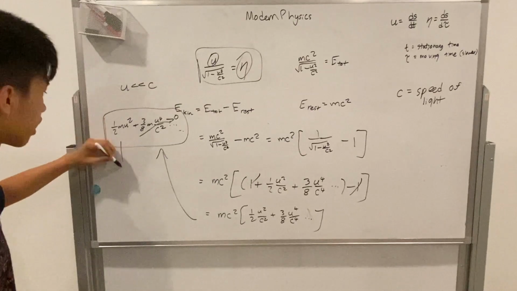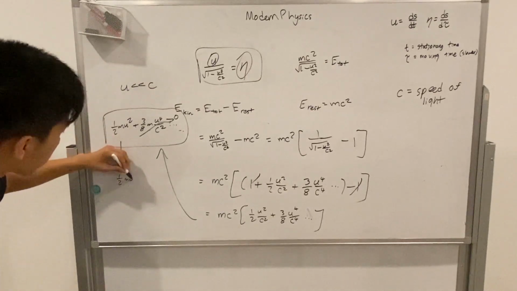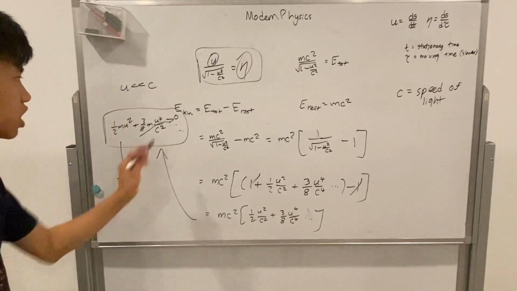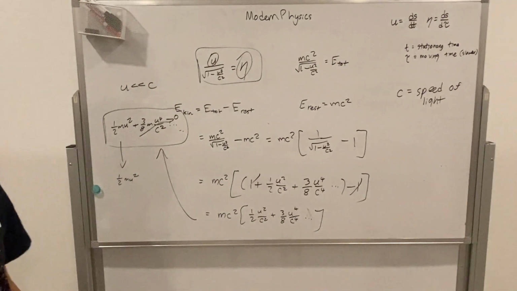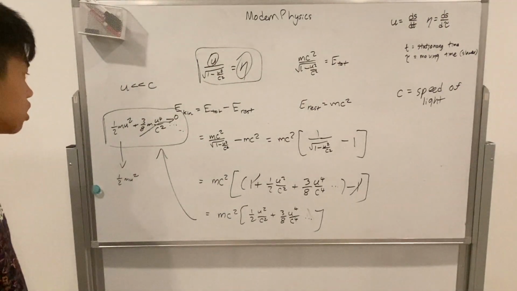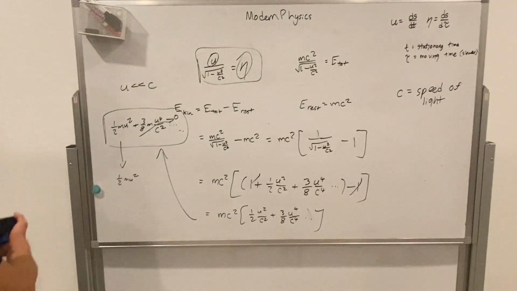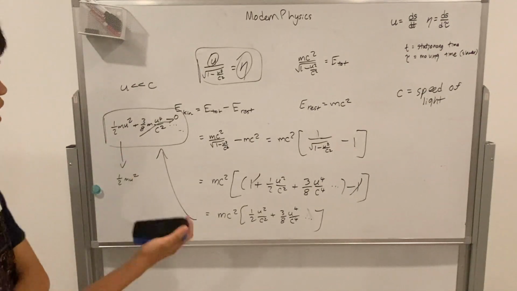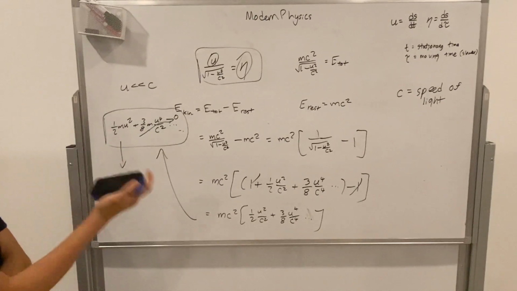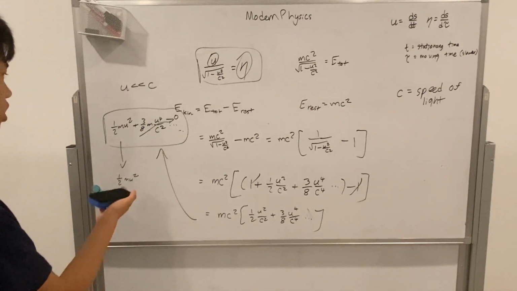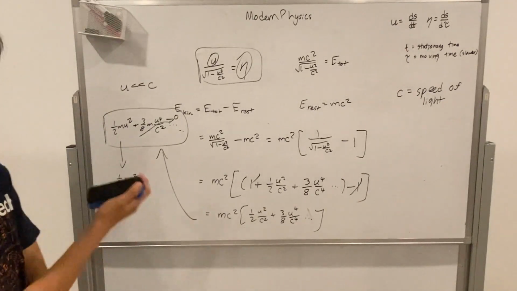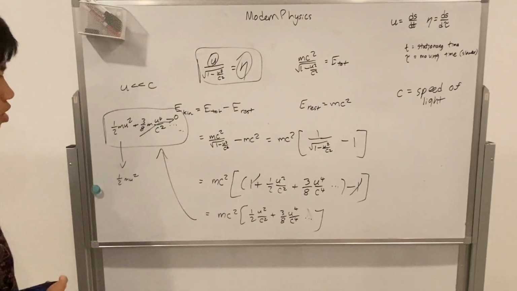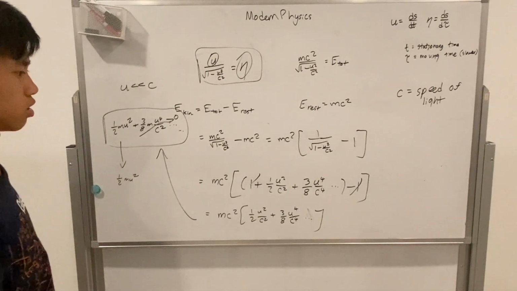We're left with 1/2 mu squared, and that is the kinetic energy formula for macroscopic objects. Don't you think it's crazy how we're able to derive a Newtonian mechanics formula from relativistic mechanics? But we're not quite done here.